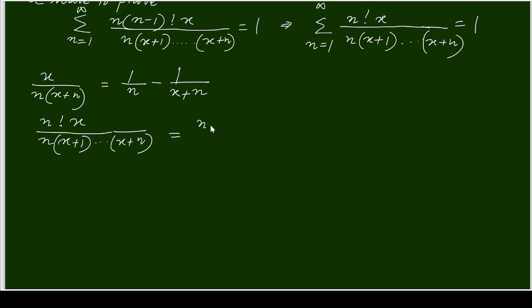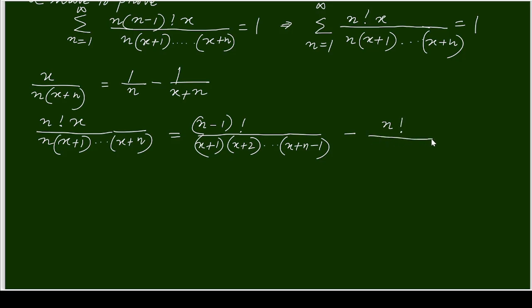One is (n minus 1) factorial over (x plus 1)(x plus 2) up to (x plus n minus 1), minus the second one, n factorial over (x plus 1) into (x plus 2) up to (x plus n).